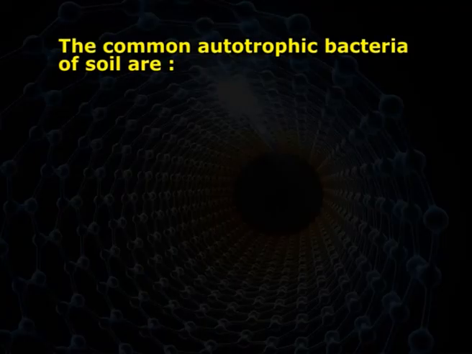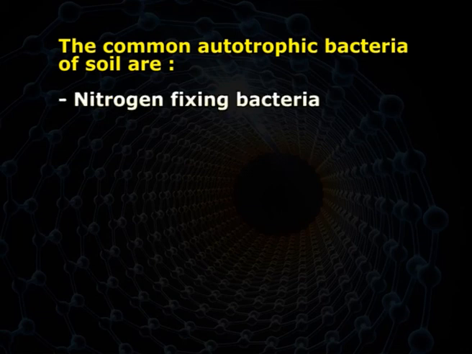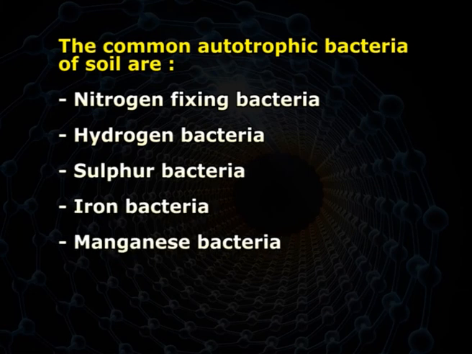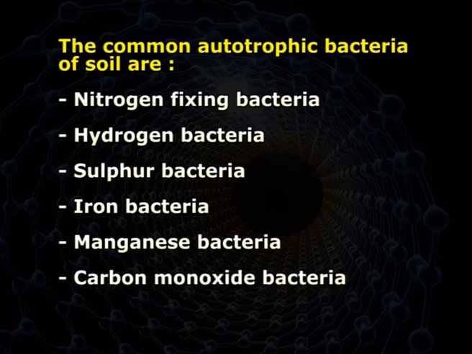The autotrophic bacteria derive their energy from the oxidation of simple carbon compounds or from inorganic substances and their carbon from the atmosphere. The common autotrophic bacteria of soil are nitrogen fixing bacteria, hydrogen bacteria, sulfur bacteria, iron bacteria, manganese bacteria, carbon monoxide bacteria, and methane bacteria.